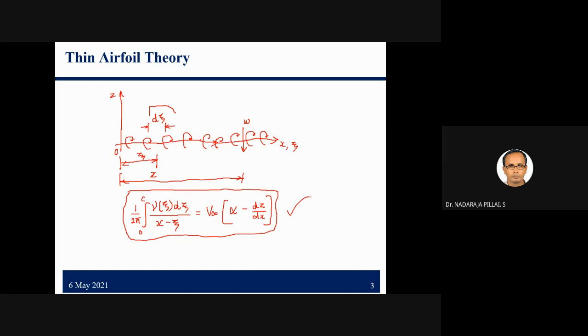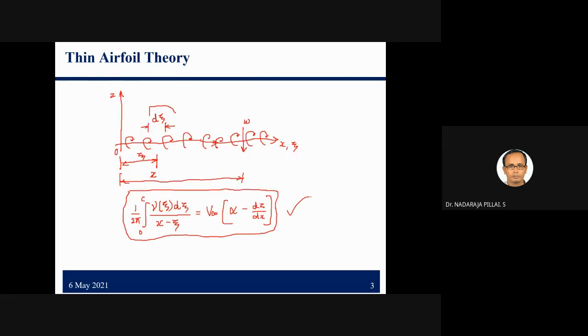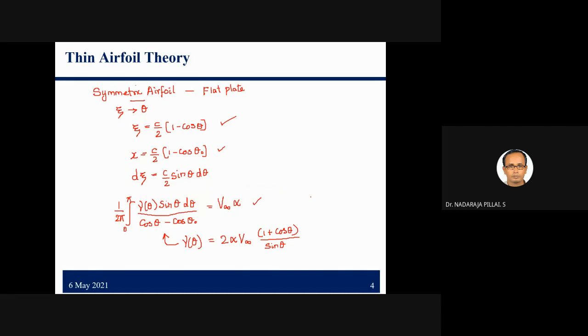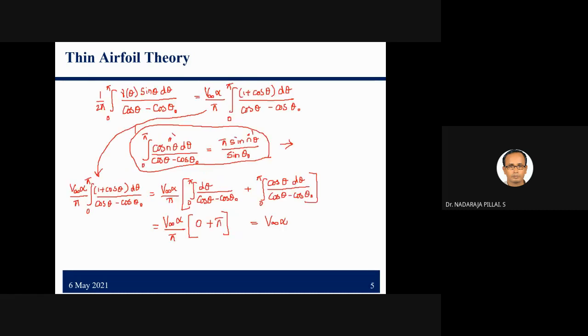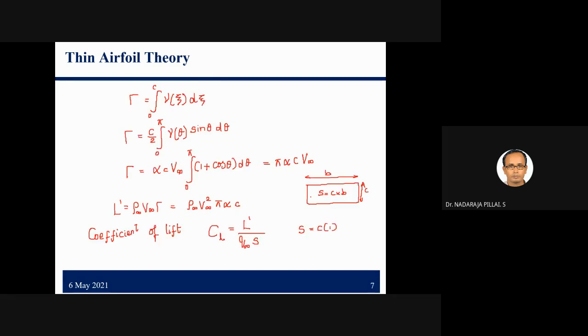Then we made the assumption that dz by dx becomes 0, and then it is a symmetrical airfoil, and we transformed into the theta coordinate, and then we calculated the lift per unit span based on Kutta-Joukowski.